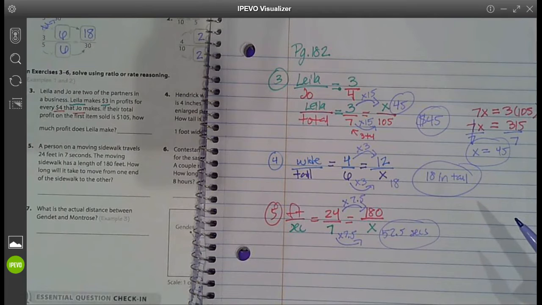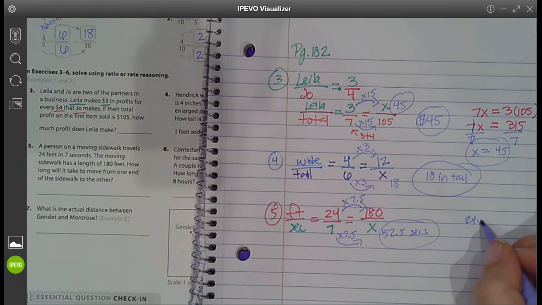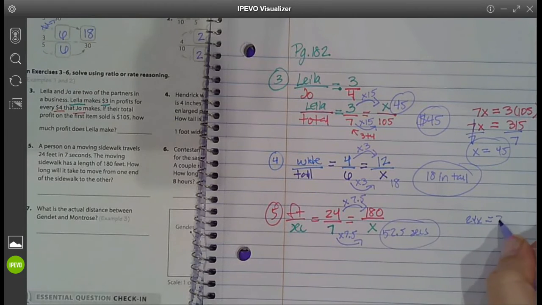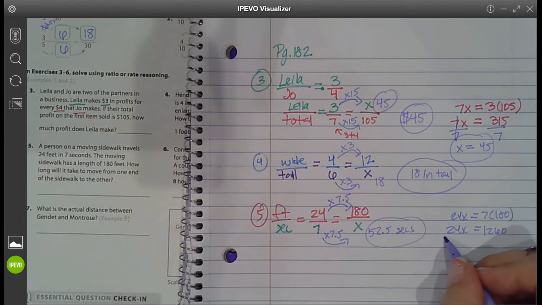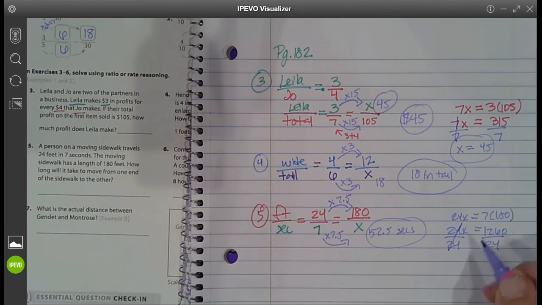Now, if you couldn't figure that out, remember you could always do cross products. 24 times x equals 7 times 180. Well, 7 times 180 is 1260. And in order to get x by itself, you would divide both sides by 24, because anything divided by itself is 1, and 1 times x is x.